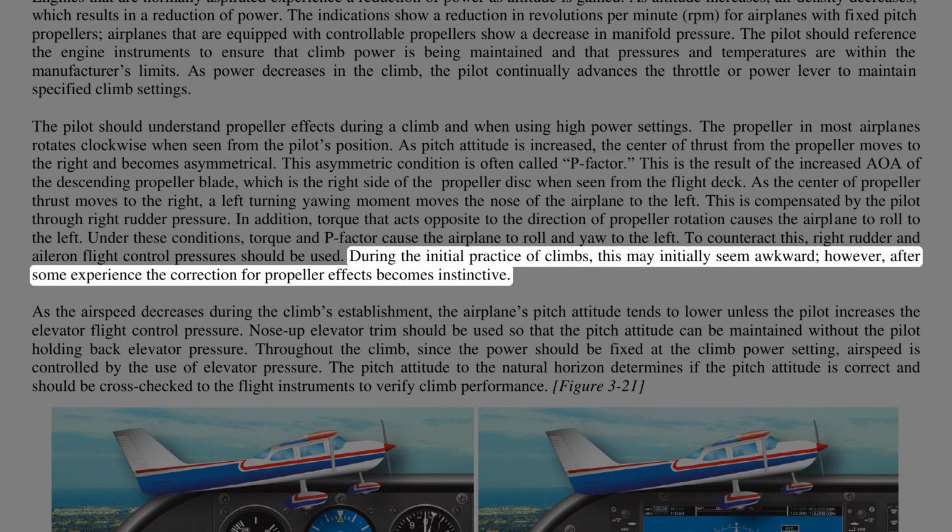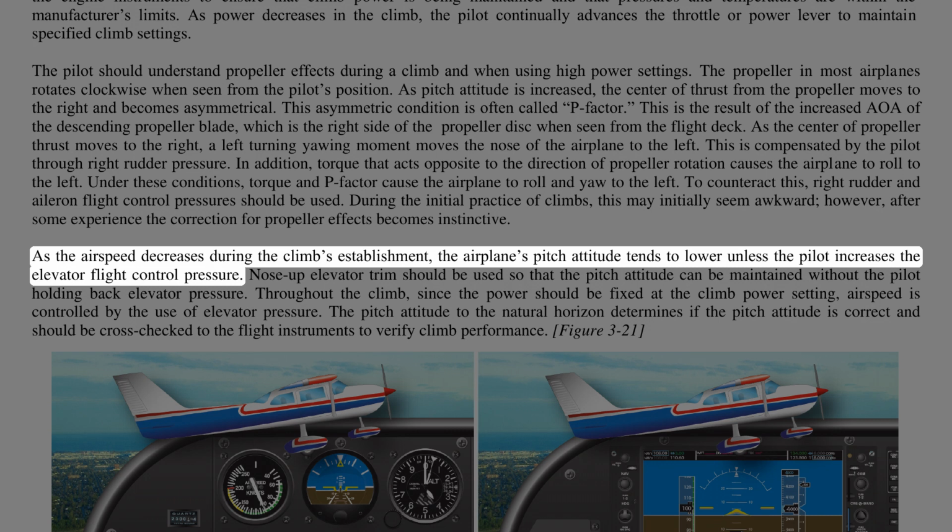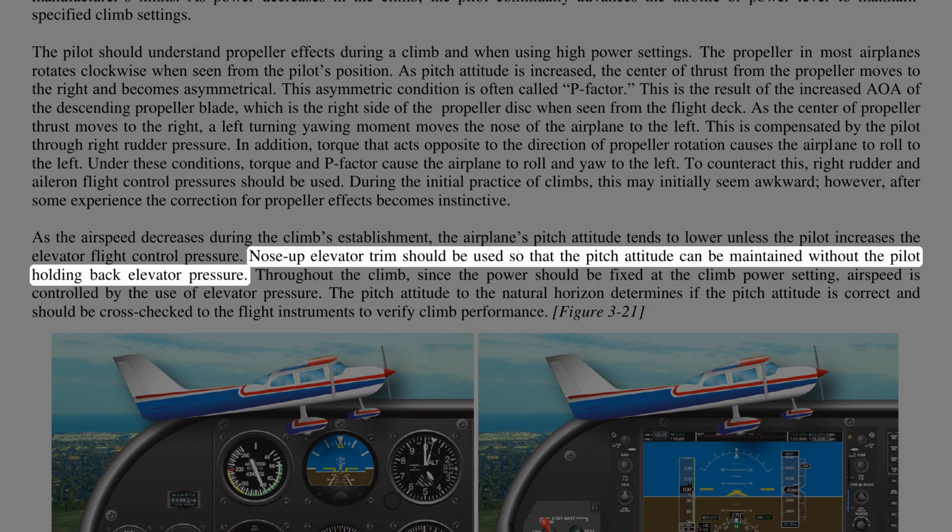However, after some experience, the correction for propeller effects becomes instinctive. As the airspeed decreases during the climb's establishment, the airplane's pitch attitude tends to lower unless the pilot increases the elevator flight control pressure. Nose-up elevator trim should be used so that the pitch attitude can be maintained without the pilot holding back elevator pressure.